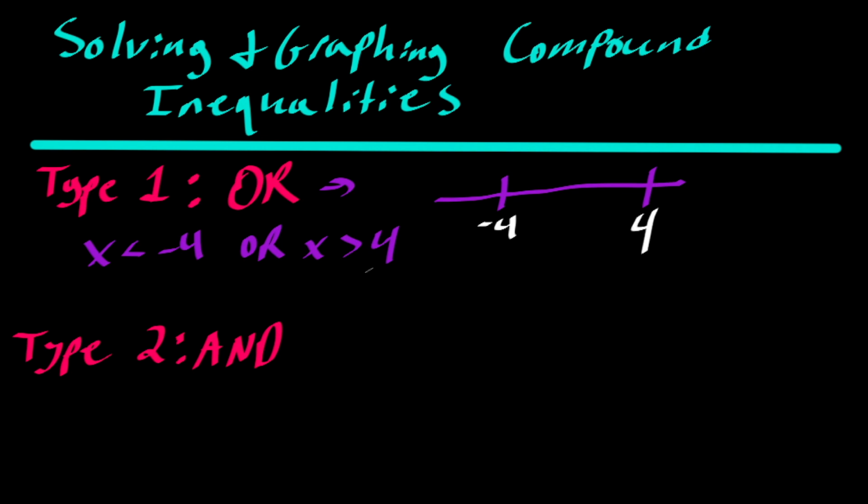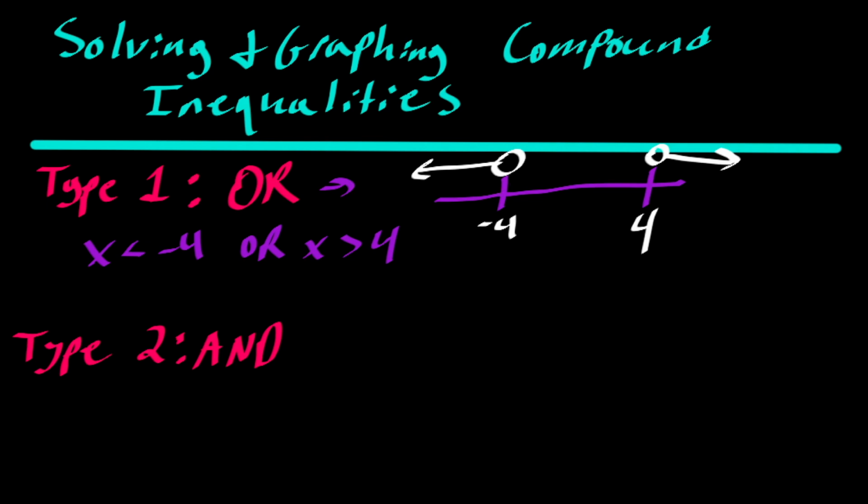The graph is done the same way as in the past, except now we're combining two graphs in one. A quick thing to memorize about or: the two graphs point opposite ways. If x is less than -4, that goes to the left, and if x is greater than +4, that goes to the right. So or inequalities point opposite directions.